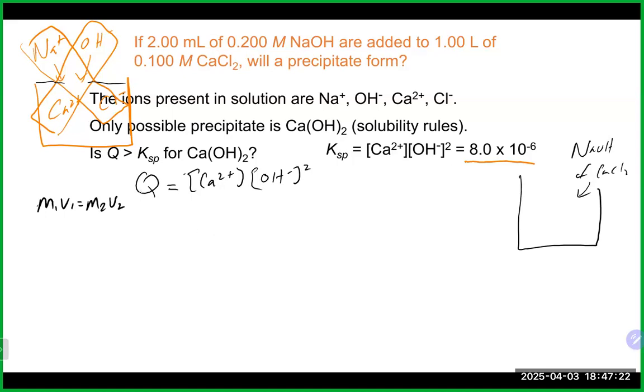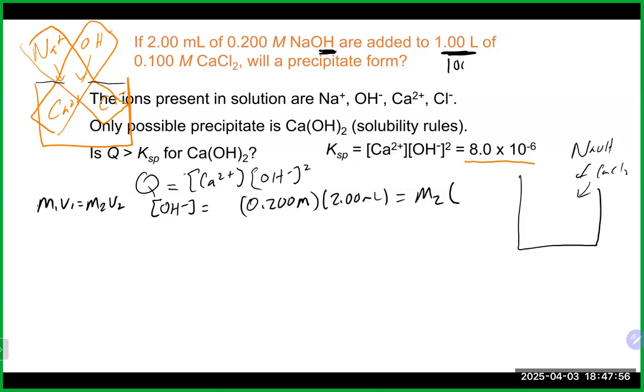Obviously, our source of hydroxide is going to come from the sodium hydroxide. So the concentration of hydroxide is going to equal our M1, which is 0.2 molar, times our V1, which is 2 milliliters, and that equals our M2 when they're mixed together. Because I used milliliters on my first volume and this one's in liters, I'm going to convert it to milliliters so everybody's on the same page.